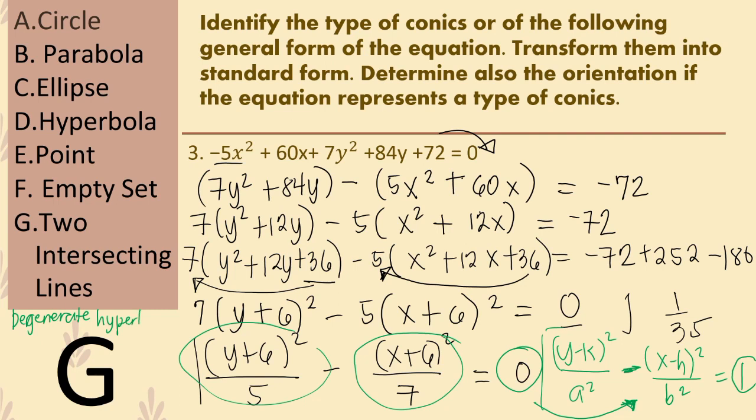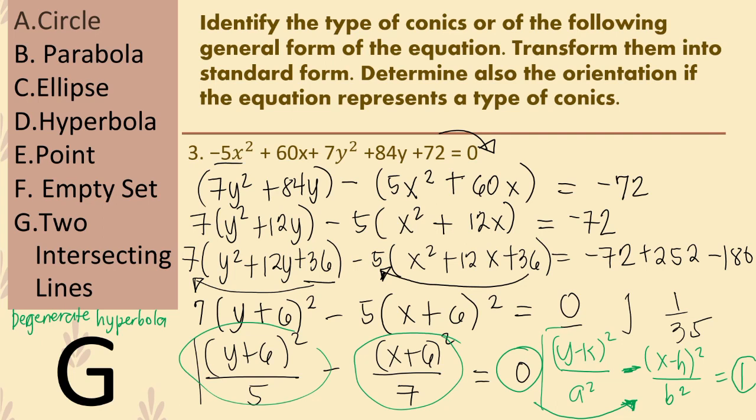hyperbola. Kung maalala nyo dun sa lesson 1 natin, Introduction to Conic Sections, nabanggit dun yung difference ng degenerate and non-degenerate conic sections. Yung degenerate conic sections, yun yung point, katumbas ng circle or ellipse dun sa non-degenerate conics.